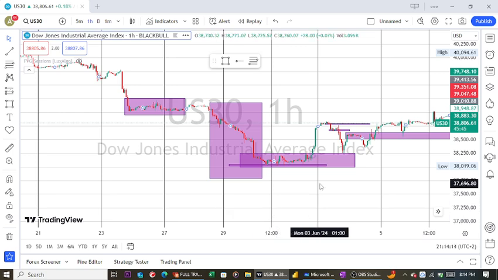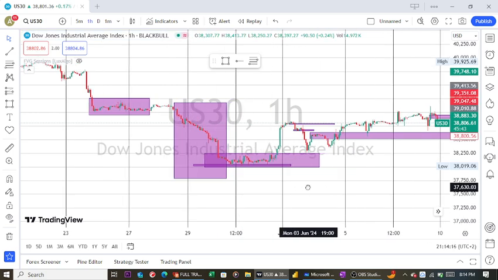You only need much concentration on what you're doing. Price is manipulative. So this is what happened. This is what AMD looks like: accumulate, manipulate, distribute.